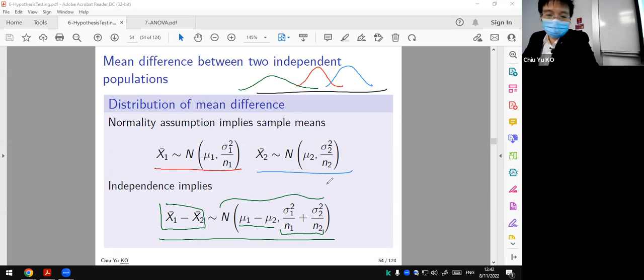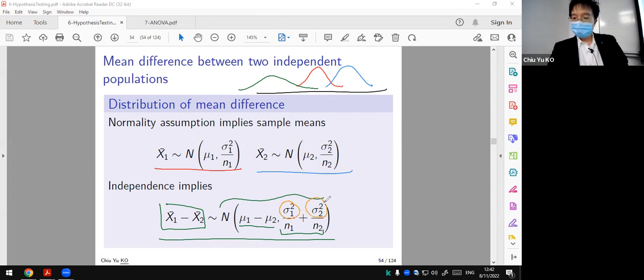We know how to handle a bell in the 1 sample test, so everything you learned from the 1 sample will be analogous. And if we know these 2, then we are done, because this is the bell.